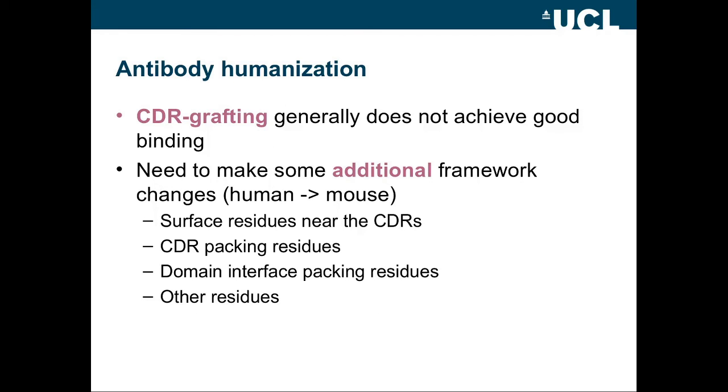And what that involves is what's known as CDR grafting, where we take the CDR loops, these 6 hypervariable loops, from something like a mouse antibody, and we graft them onto a human framework. However, that generally doesn't achieve very good binding. So what we need to do is make some additional mutations in the supporting framework from human to mouse in order to obtain good binding.